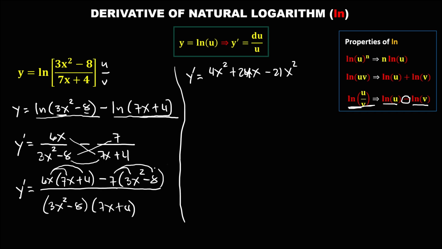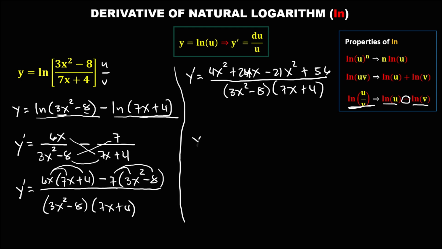Then negative times negative, that's positive, 7 times 8, this one is 56. Then just bring down the denominator. So 3x squared minus 8 times 7x plus 4.